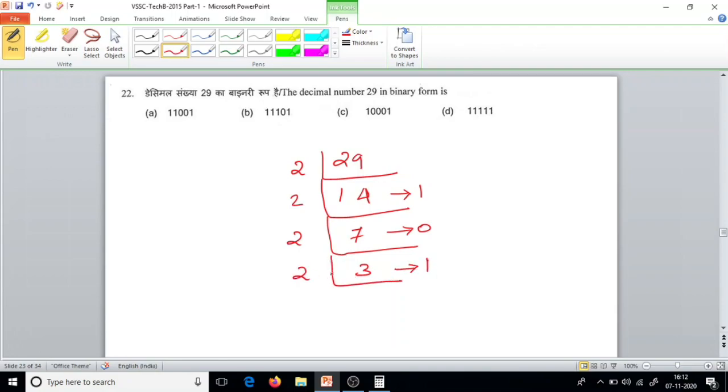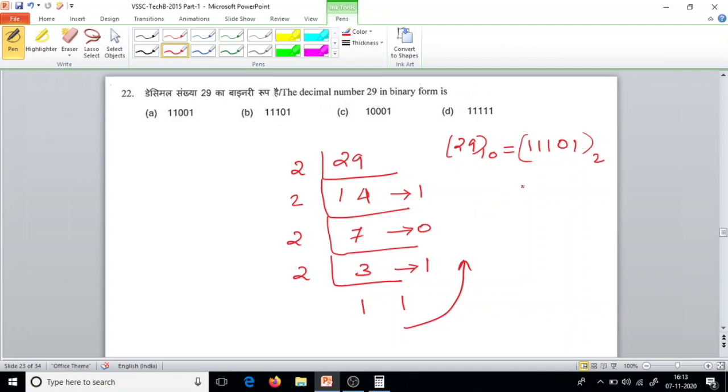Again divide by 2, 1, remainder 1. Then we have to take it from bottom to top. 11101 to the base 2.